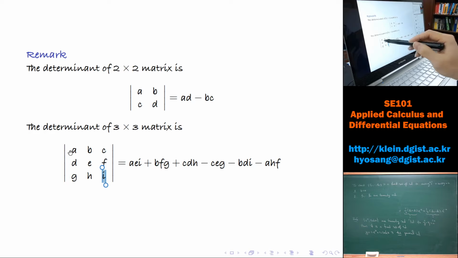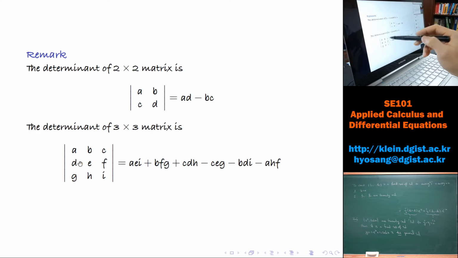You're not choosing elements in the same row or same column. The way you can choose these 3 elements along this 45-degree angle is AEI, or GBF, or DHC. Okay, AEI, GBF, and DHC.